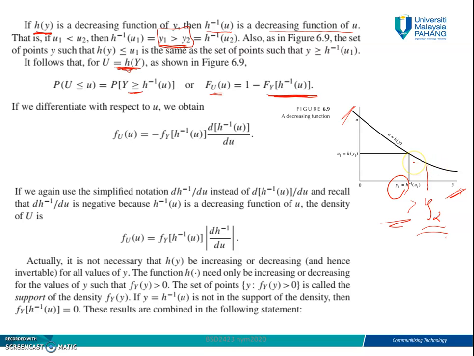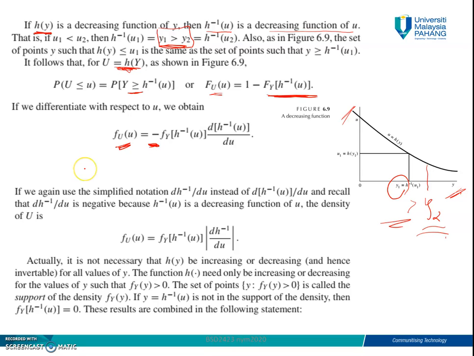This is different from the previous case. But you must understand the concept of greater than and less than too. And then in order to find the density function of u, we will differentiate as usual with respect to u. But if you look here, you will get a negative value.